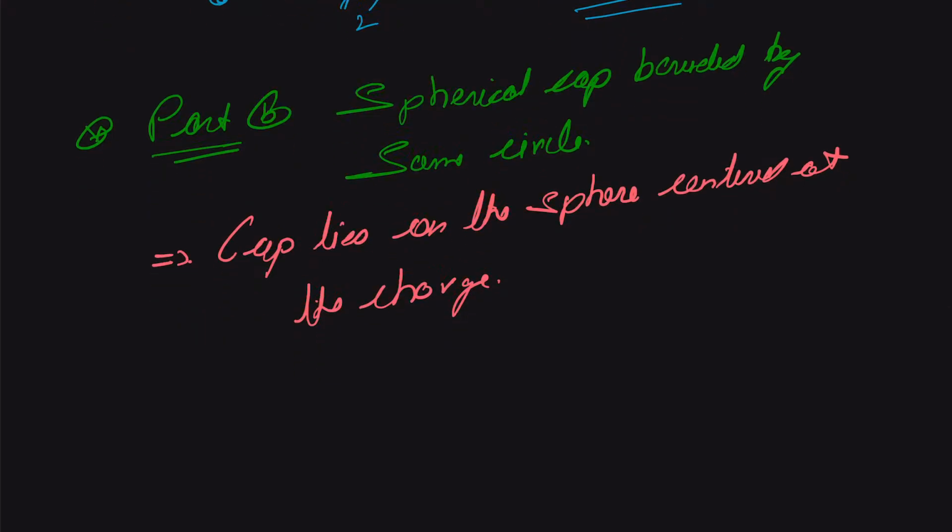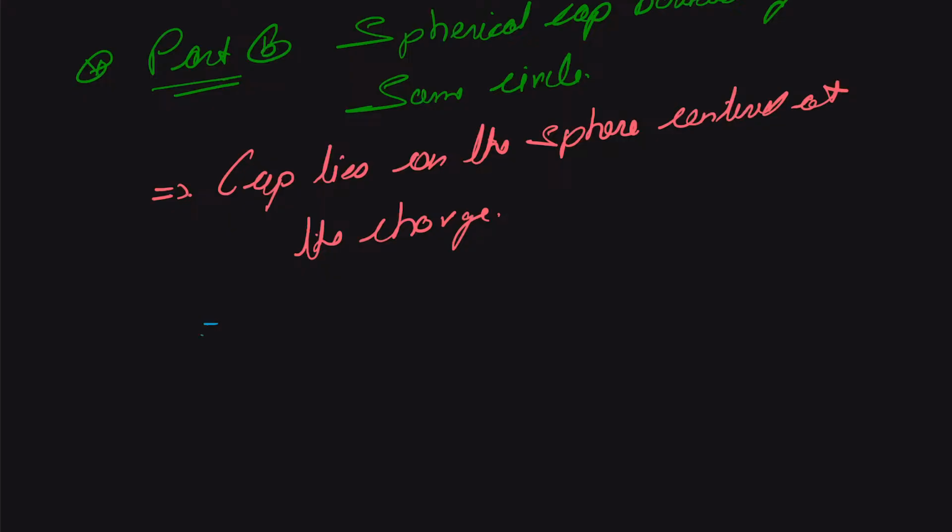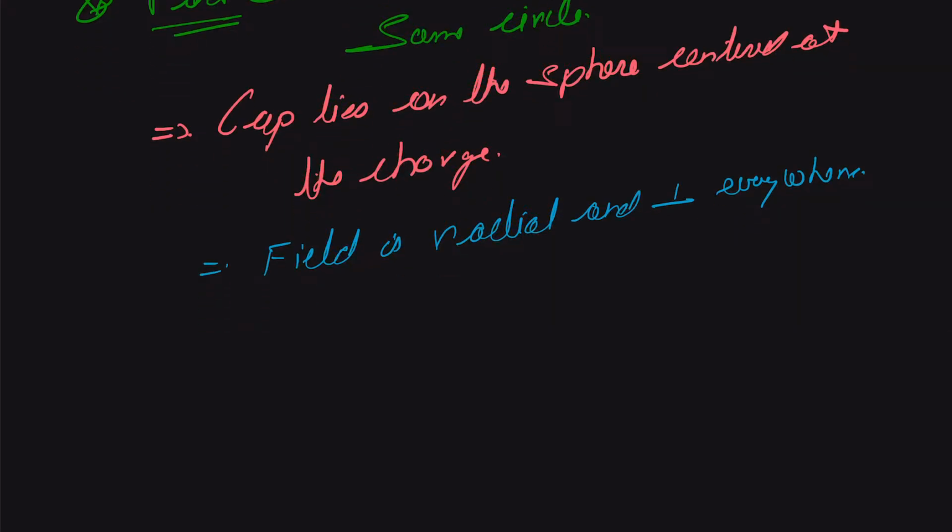Therefore, we can say that the electric field is radial and perpendicular everywhere. It means we are going to have the same solid angle, or we can say we are going to have the same flux.